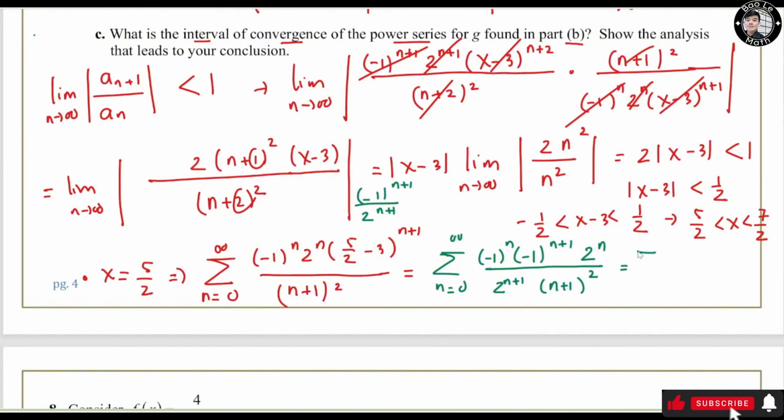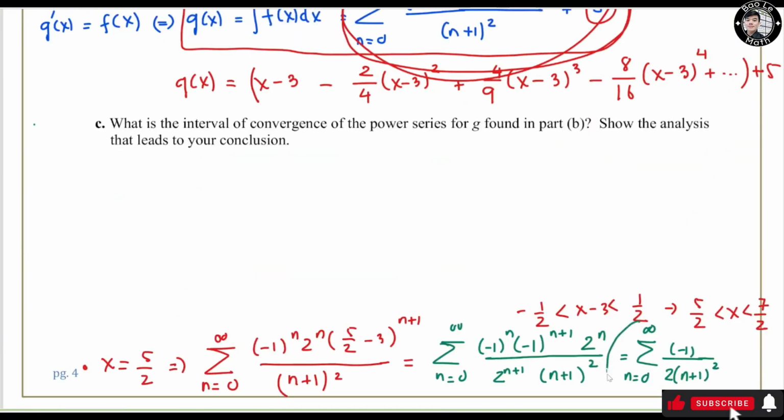So you have the series of negative 1 over, with 2 raised to the n and 2 raised to the n plus 1 canceling out, 2 on the bottom times n plus 1 squared, n starting from 0 to infinity.